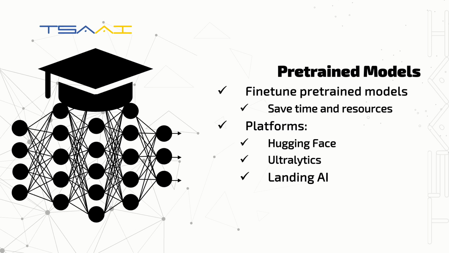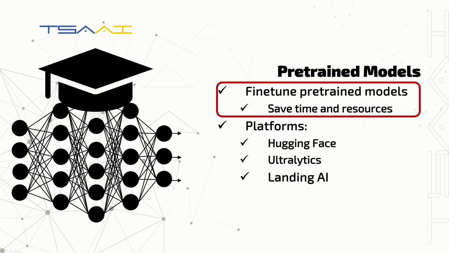Because training deep learning models requires a lot of data, time, and computing resources, the best choice is often to fine-tune an existing model for your specific problem. Some popular pre-trained networks like ResNet or AlexNet for image classification are already part of deep learning libraries like PyTorch or Keras.